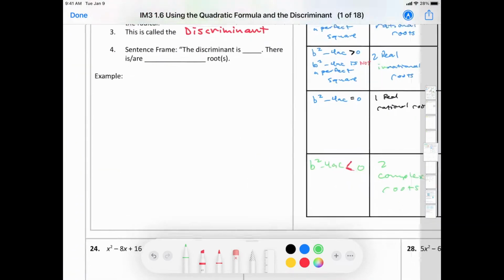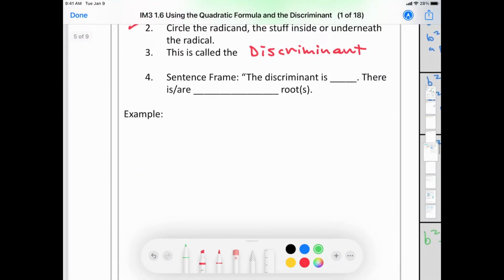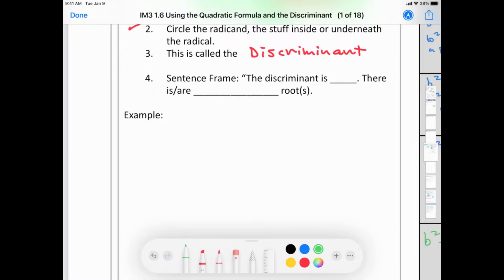Let's try an example, and this should make more sense. This example, given 2x squared minus 10x plus 7 equal to 0, let's go ahead and find the discriminant.